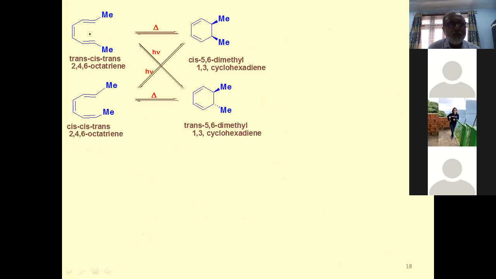Let us see now. Here, this is a 3 electron. It is better to draw your molecule properly.